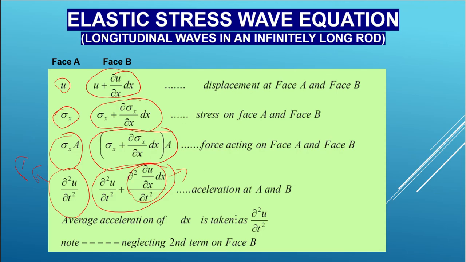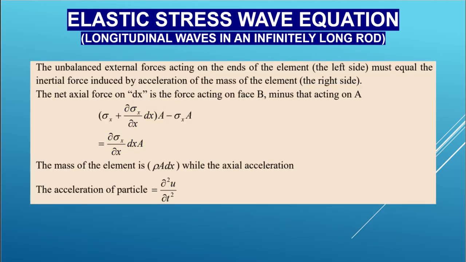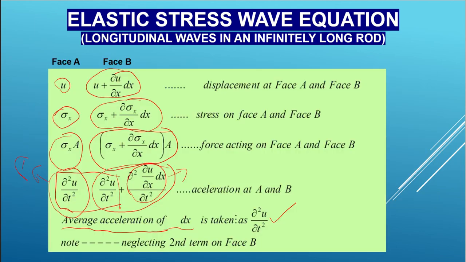Higher order differential term is neglected, and average acceleration of the element dx is taken by average of dou square u by dou t square and this particular thing. So average acceleration will be dou square u by dou t square. Okay, and then after that what happens? We got average acceleration dou square u by dou t square.